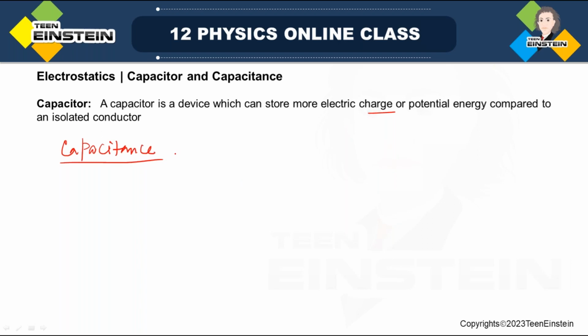So that capacity is actually measured by the parameter called capacitance, which measures the limitation or the capacity to store the charge.